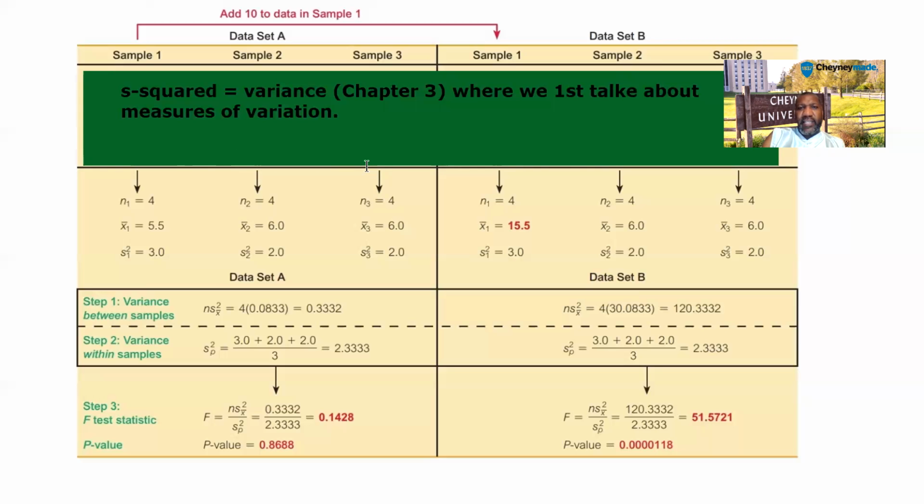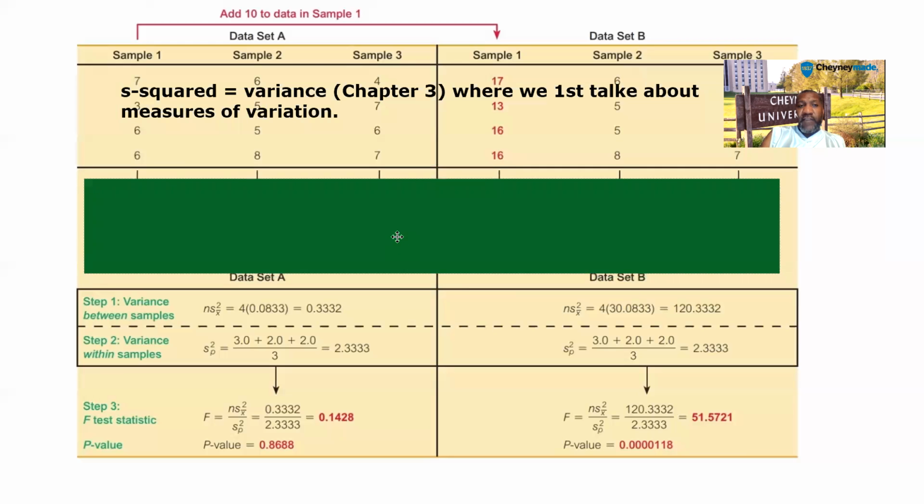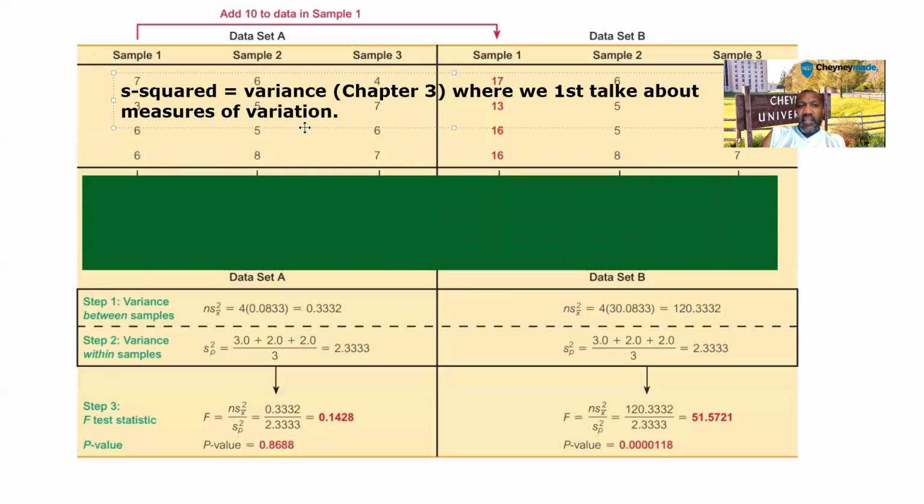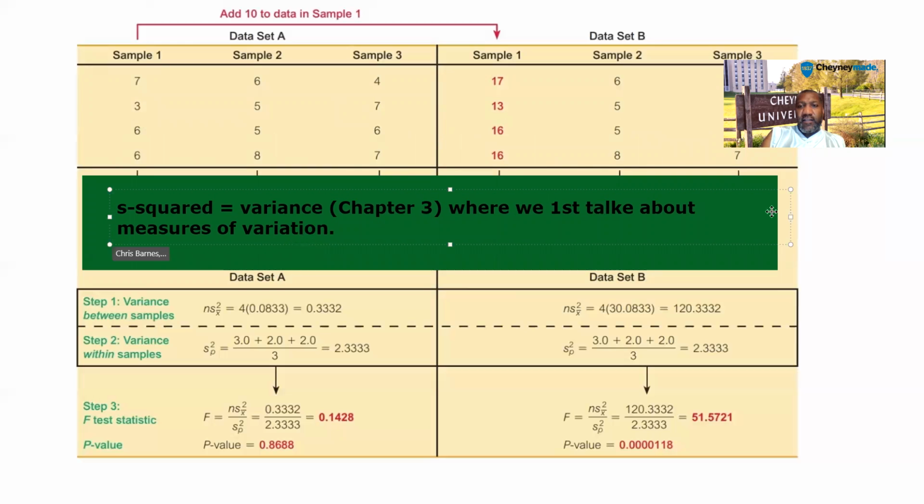Now I can't write it in the text that we have, but that's what S squared is. S squared stands for variance, and we talked about it in chapter 3, where we first talked about measures of variation. That's what variance is. It's a measure of how much these values and scores vary within the sample.